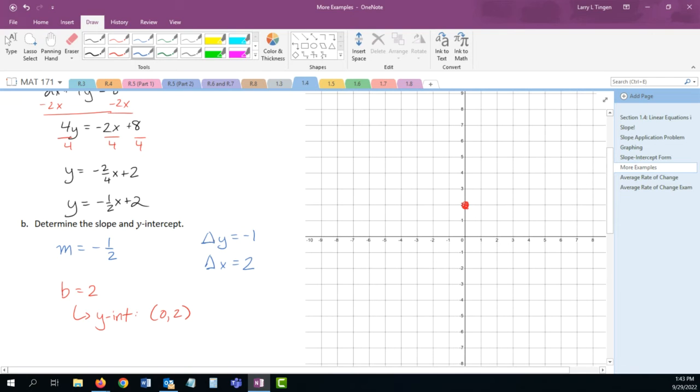So this means if the change in the numerator is -1, this means down, and then change in x is positive, that means go to the right. So down 1, and then right 2. 1, 2. Here's my next one. And we'll make our line.